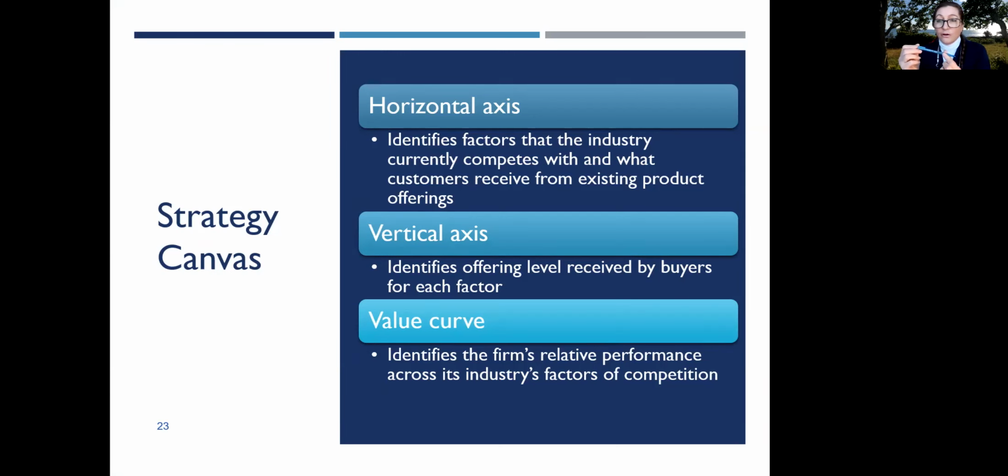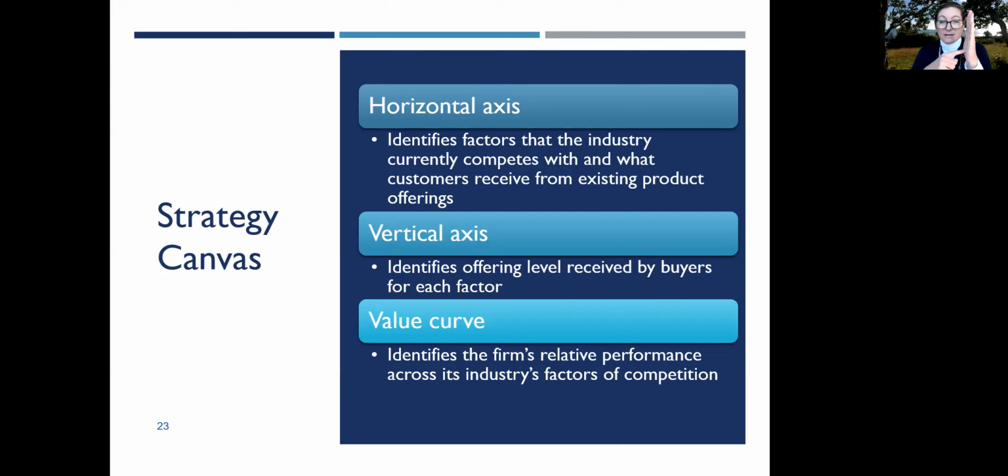An attribute of this product is the brand name BIC. An attribute of this product is that it has a lid that I can put on the tip so that when I put it in my pocket, hopefully it's not going to leak all over my nice white shirt, right? So these are product attributes, and this is what's going to be on our horizontal axis, various product attributes.